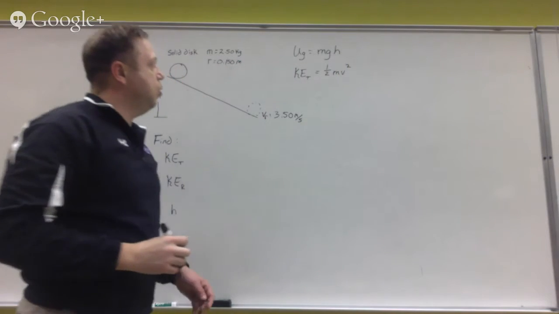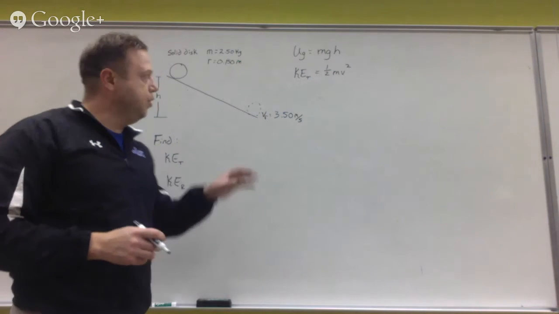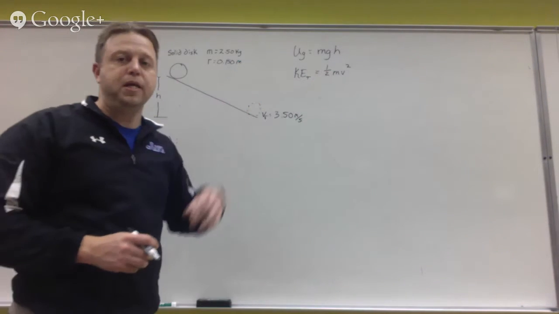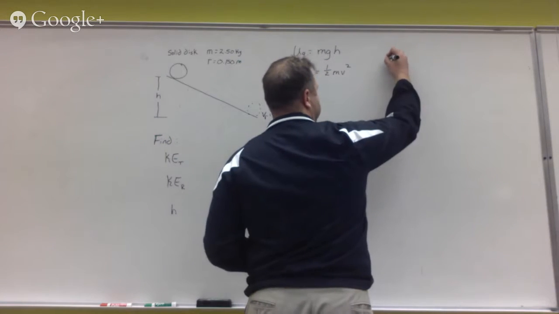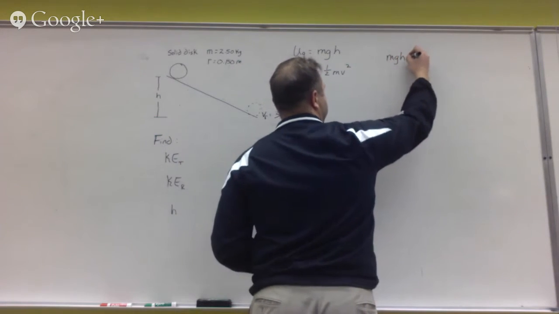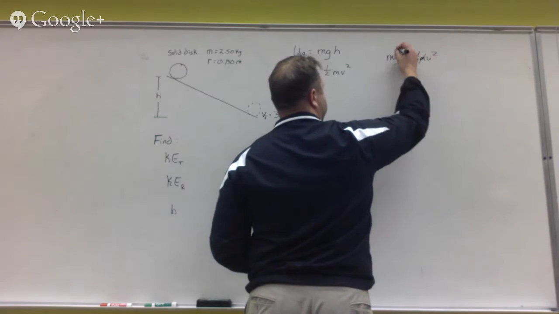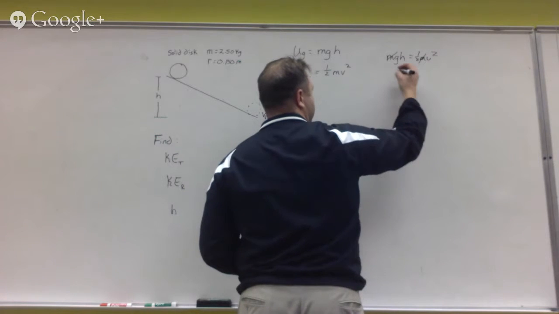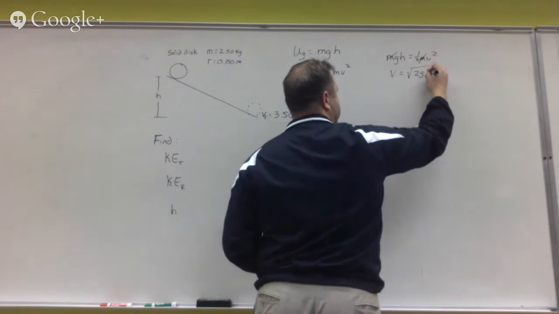So if I didn't have any friction, the gravitational potential at the top is equal to the kinetic at the bottom. I can put these together and say mgh equals 1/2 mv squared, and I can calculate the velocity at the bottom or the height, depending on what I'm solving for. So if I was solving for v, this would be the square root of 2gh.